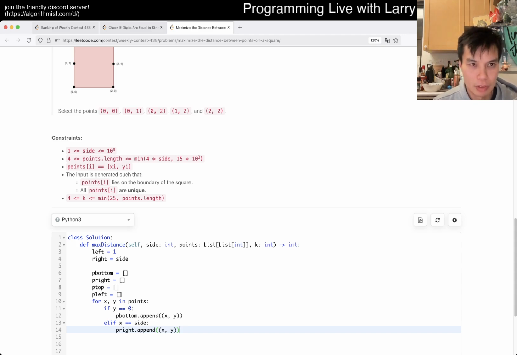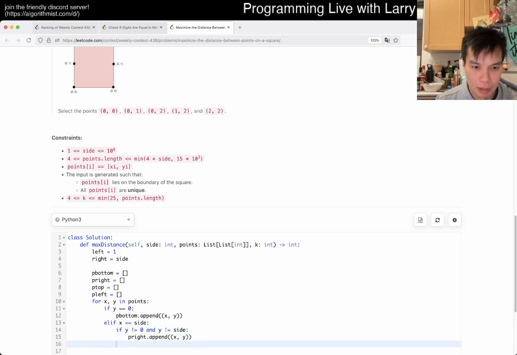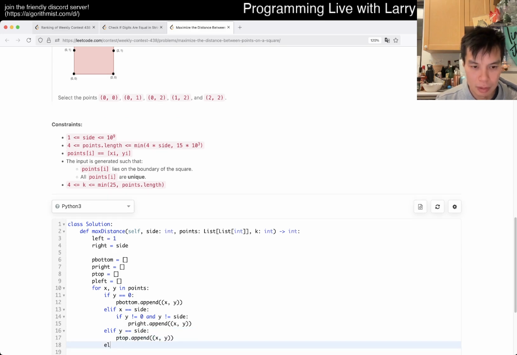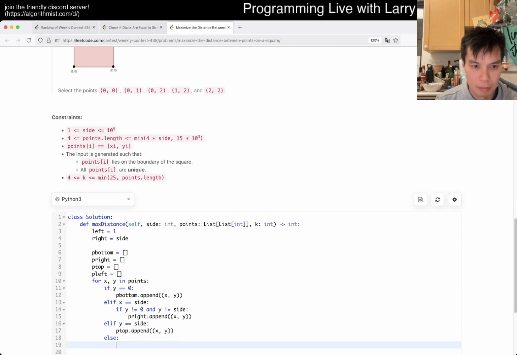But we don't want it to be if y is not equal to 0 and y is not equal to side, so just not top and bottom. Else if y is equal to side, top dot xy, else p left, as long as y is not equal to 0.